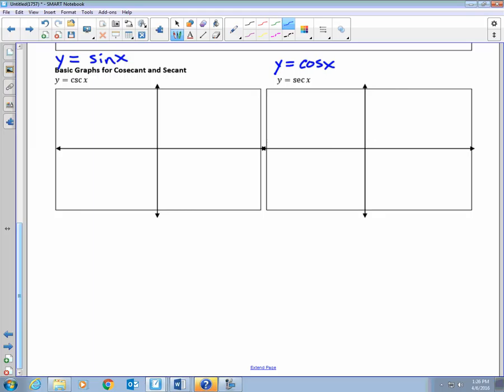So in order to sketch this graph, we're going to start with sine. What is the amplitude of sine? How high up and how low? 1 unit. What is the period of sine? 2 pi.